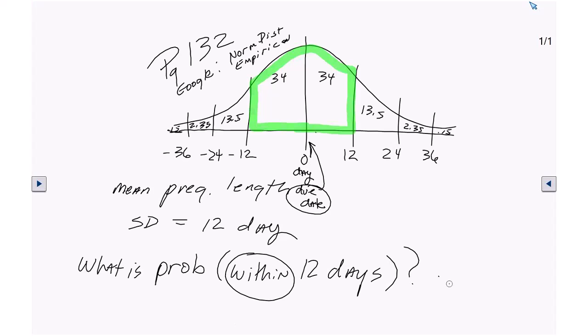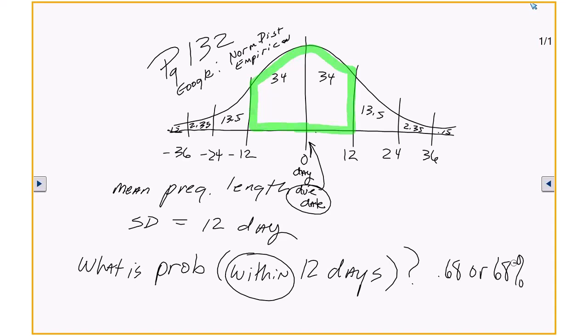0.68 or 68%. So what if I was to ask you, what is the probability of being born 24 days or more after the due date? After the due date.